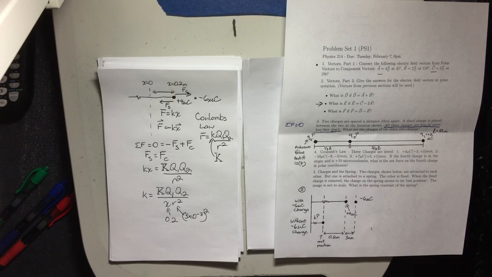So that's why, when it says the fixed charge is removed, the charge on the spring moves to its rest position. So really you've got two charges just sitting there at rest, so the sum of the forces is 0. You pull it away, and then the +4 moves 0.2 meters to the left to its rest position. The spring is pulling this way equally as the charges are pulling that way.